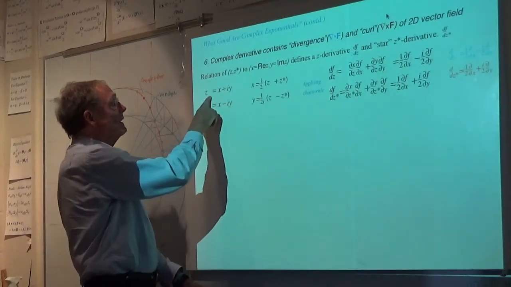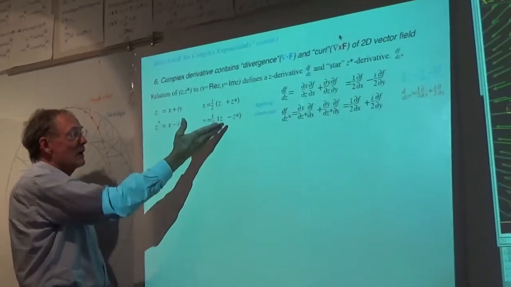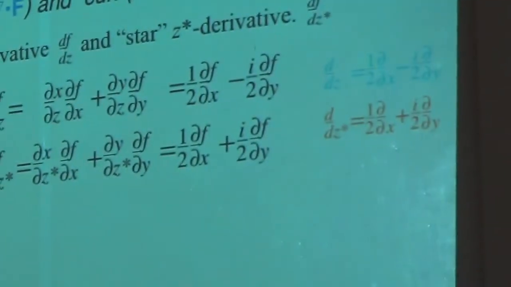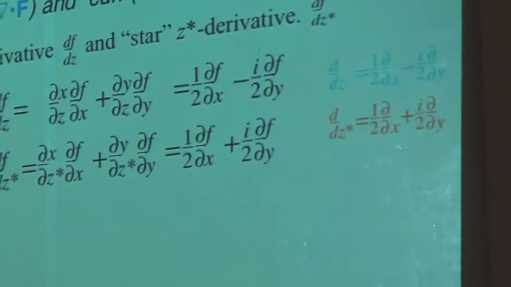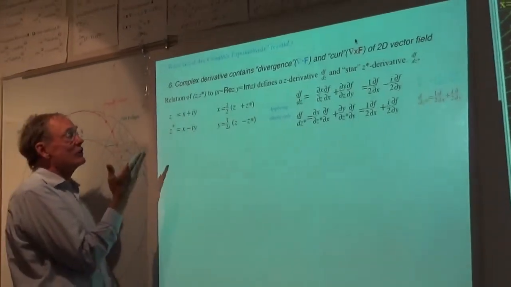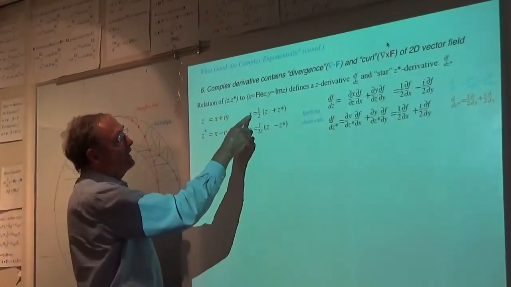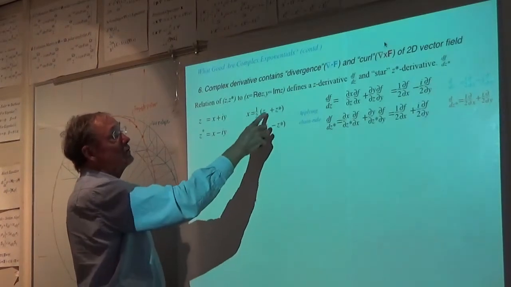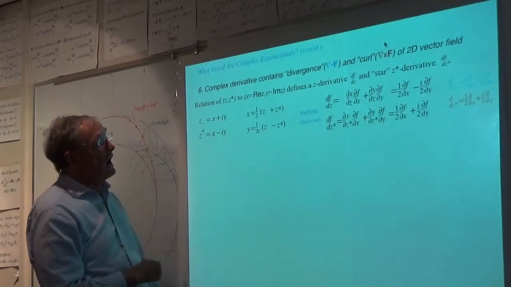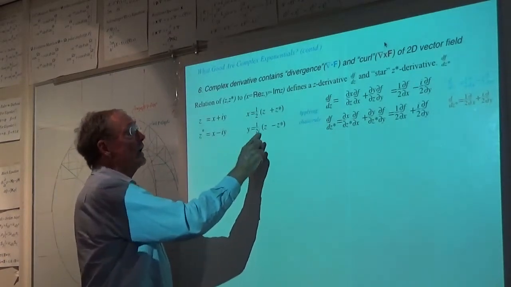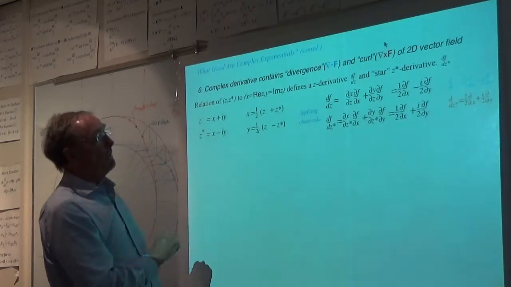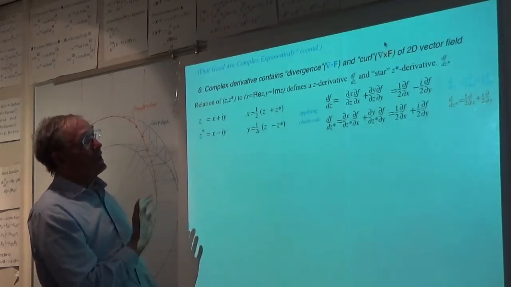But what I'm doing is making sure that we've got our ducks in a row, as we have a thing called z, which is x plus iy, and a thing called z star, which is x minus iy. These are two independent variables, just as independent as x and y, which are respectively the half sum and half difference, with an extra i in the denominator, that is, minus i times (z minus z star) all over 2. Okay? So what we're going to do is apply the chain rule here.